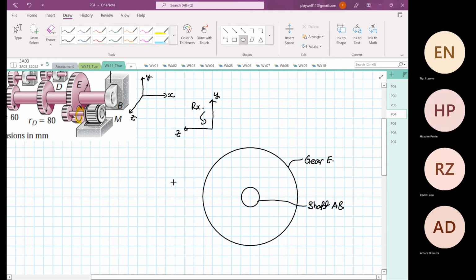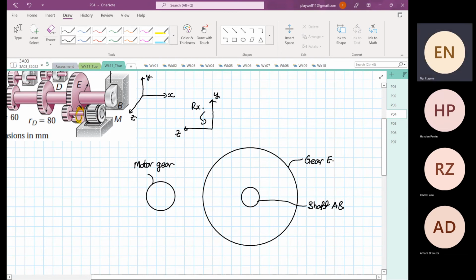So this is our motor gear. Okay. This is our motor gear. Right.